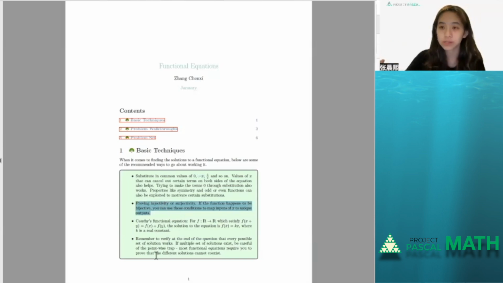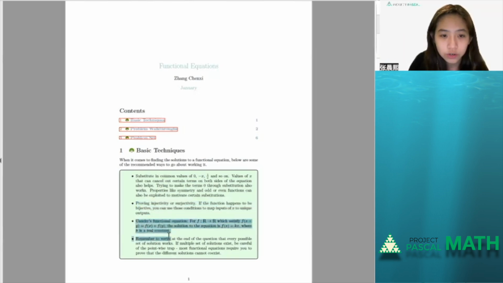It's a very helpful property because with this one-to-one property, you're able to sub in different values to get a certain critical value, or a value you already know what it equals to.